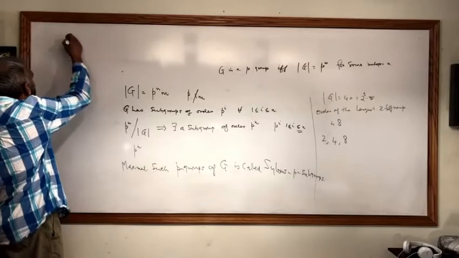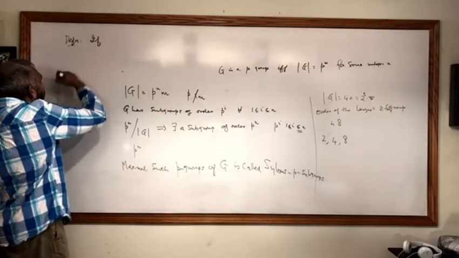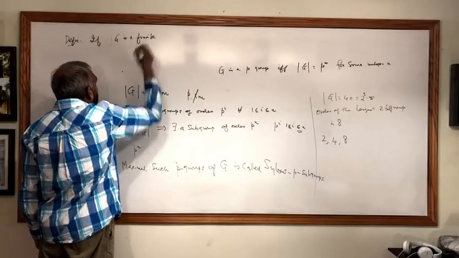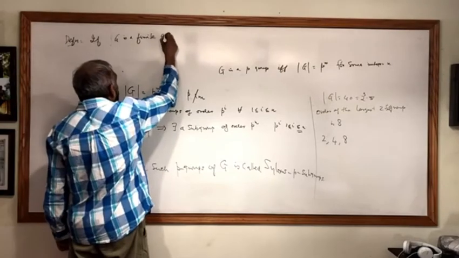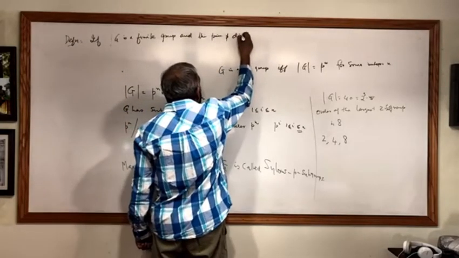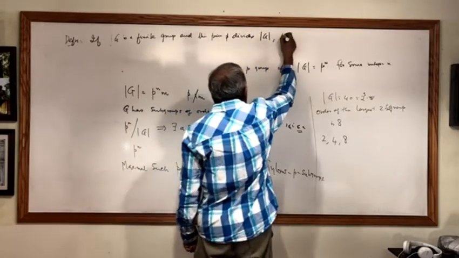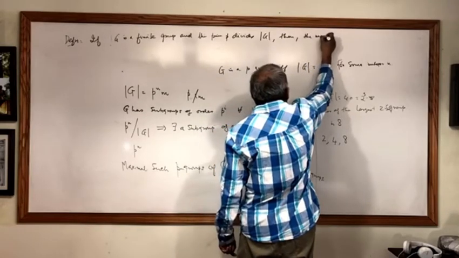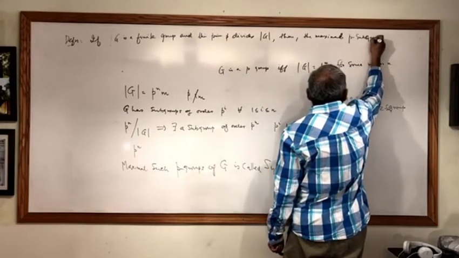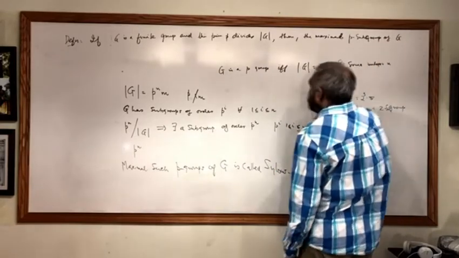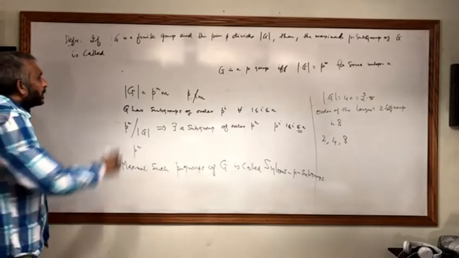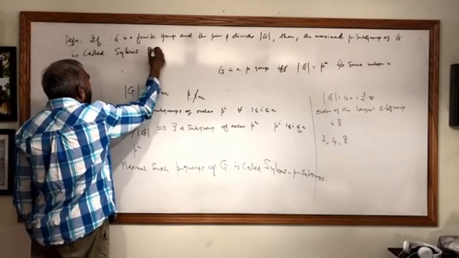So the definition goes like this. If G is a finite group and the prime p divides the order of G, then the maximal p subgroup of G is called Sylow's p subgroup.